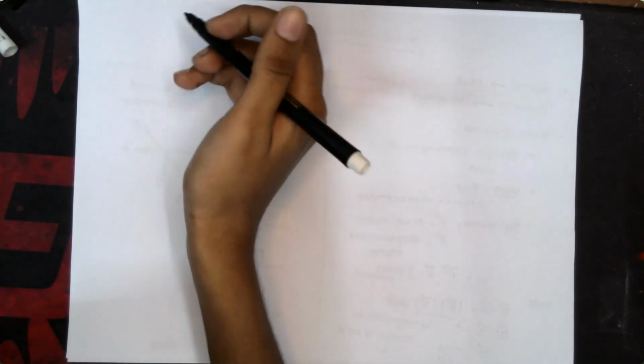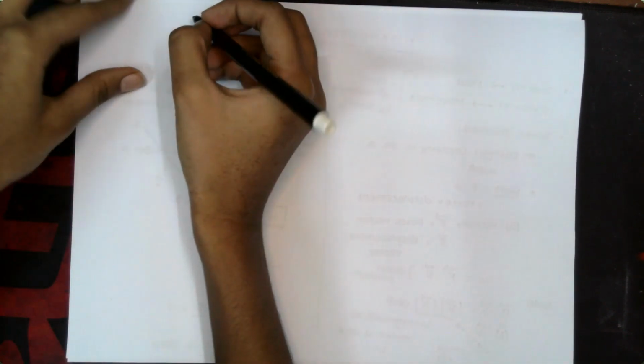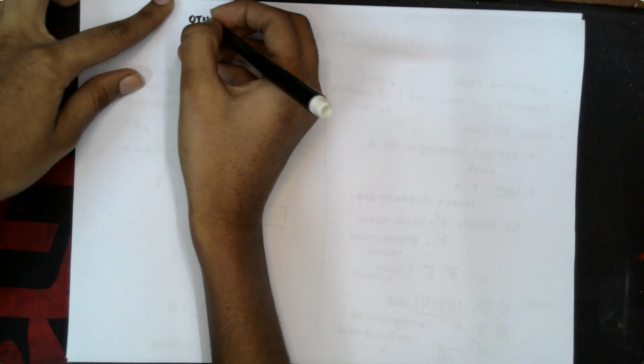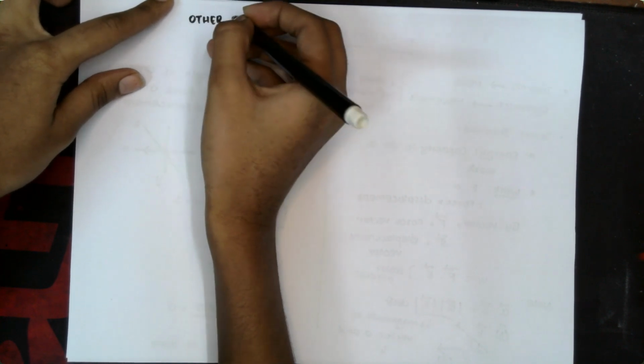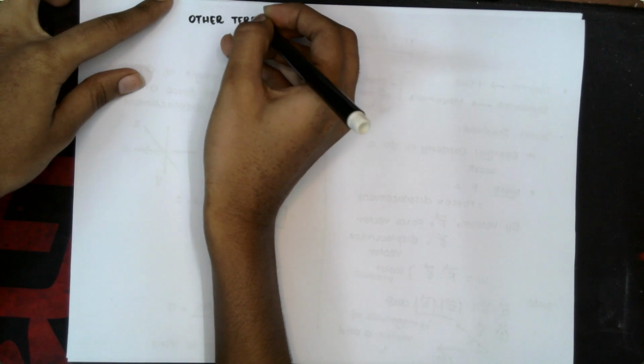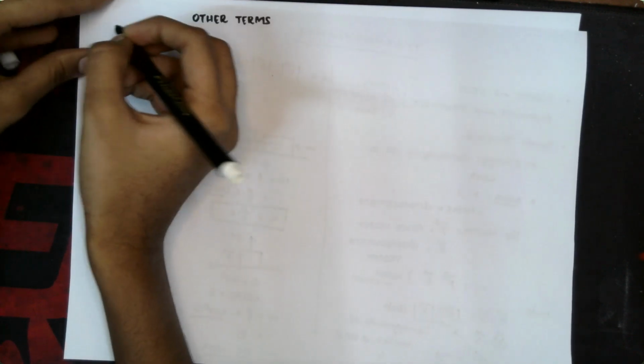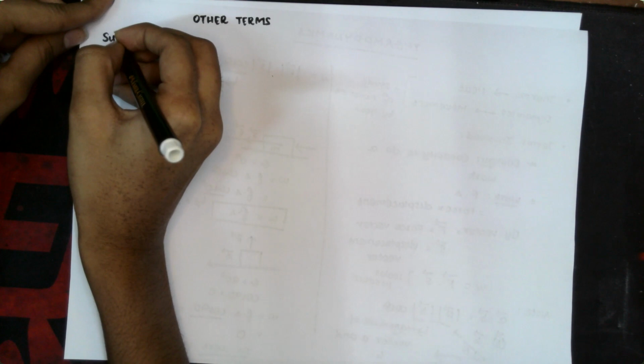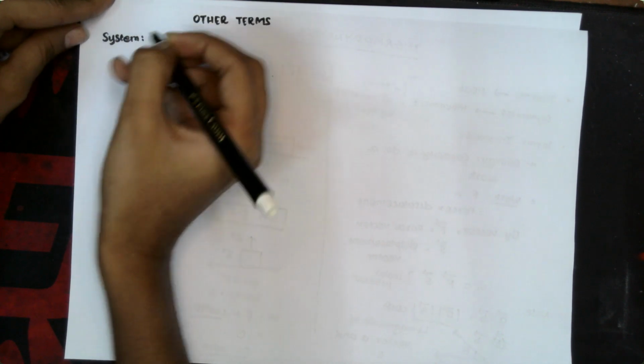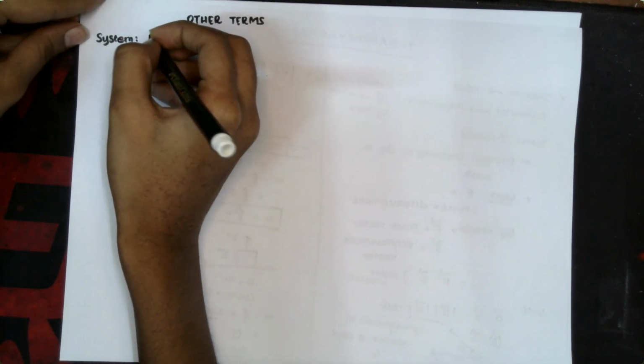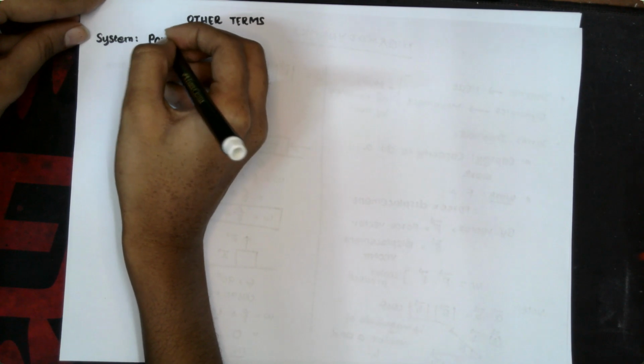Now let us discuss the other terms involved in thermodynamics. System. Note this. System refers to the part of the universe in which observations are made.